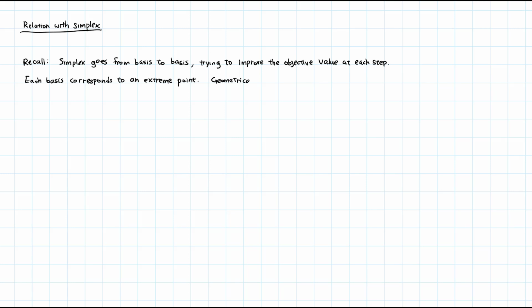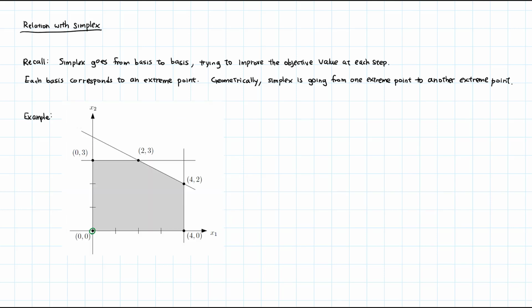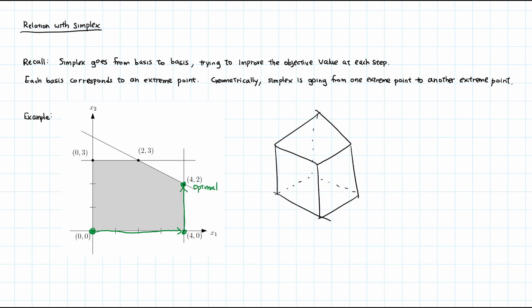So geometrically, simplex is going from one extreme point to a neighboring extreme point. In our example here, simplex could go from (0, 0) to (4, 0) to (4, 2). Or in the case of a cube, simplex might go from (0, 0, 0) to (1, 0, 0) to (1, 1, 0) to (1, 1, 1).